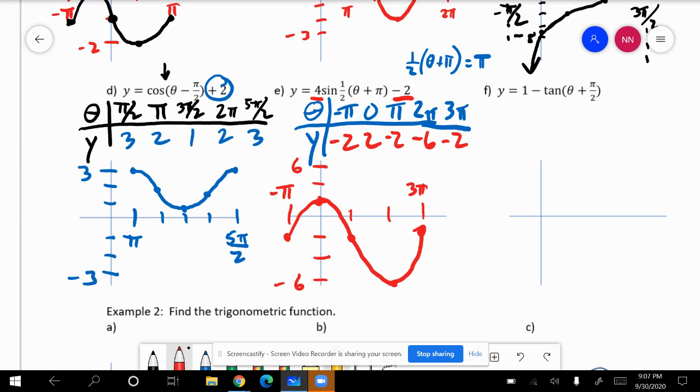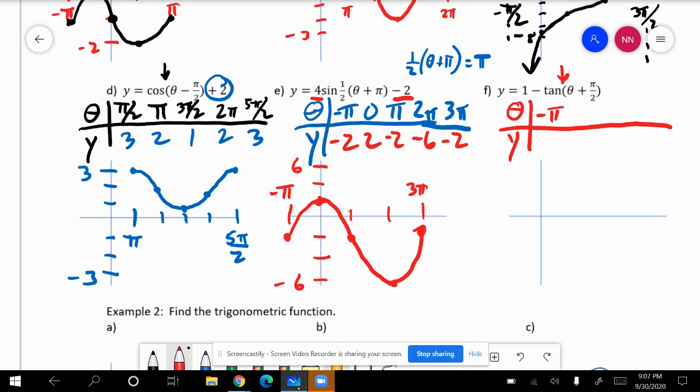Now for the next one, since I don't have a period, or I should say my period is just pi, what I'm going to do is just subtract pi halves from each of them. So with this right here, if I normally start with negative pi halves and I subtract pi halves, then I get negative pi. My next one is negative pi fourths.